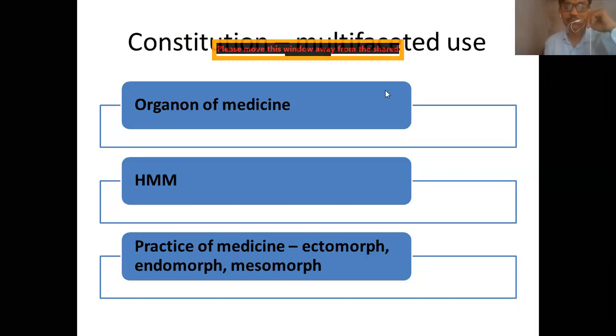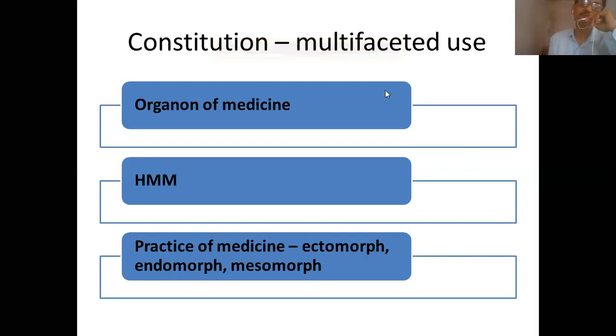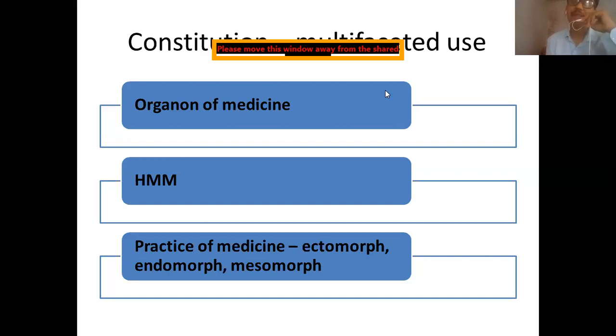Just to give a short introduction, ectomorph, endomorph, and mesomorph are related to the type of body type: what type of height, what type of musculature, and what type of fat deposition a person has, depending upon height, fat deposition, build of muscle, and development of bone. These three types of body types or constitutions are identified in the practice of medicine.